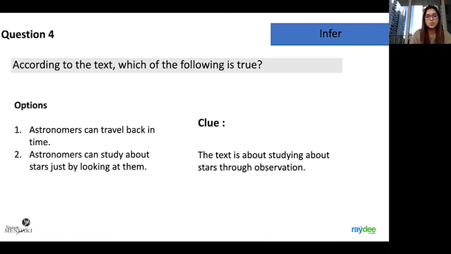So according to the text, which of the following is true? So the answer would be option 2. Astronomers can study the stars just by looking at them, right? They don't have to travel back in time. All they have to do is just look through a telescope.